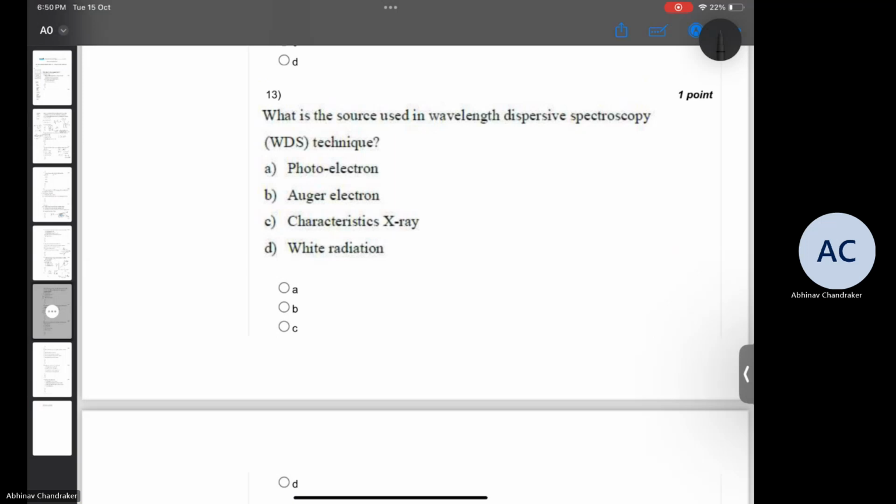So the correct answer should be characteristic X-rays, because in WDS we are measuring the wavelength by using the principle of diffraction.